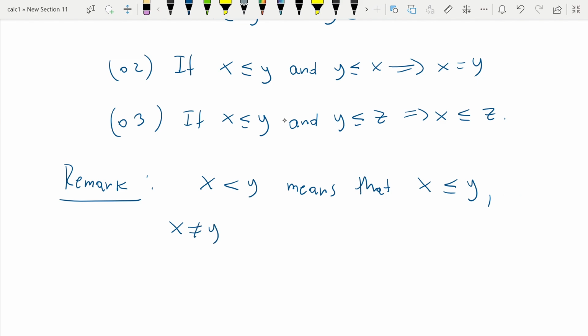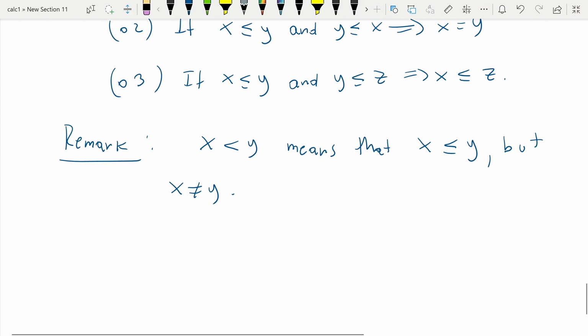So we don't want x to be equal to y, and since it's smaller than or equal to y, then it must be strictly smaller than that. But this is just notation again. So we're using the notation of strict inequality when we have this, and we also have the fact that x is not equal to y. Okay, again, new notation.